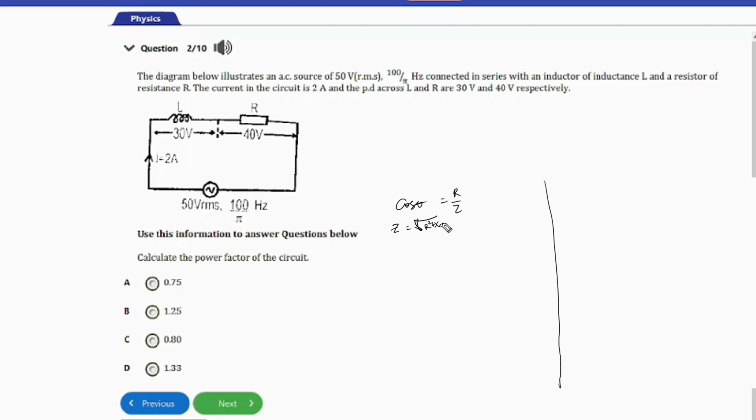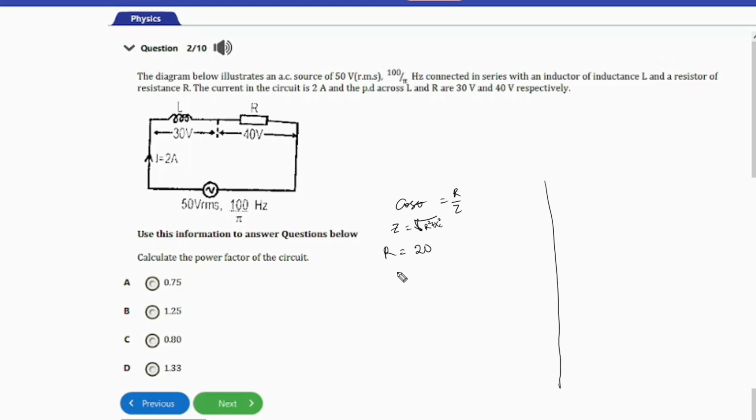But then guys, for R, first of all, we've calculated R to be 20 using the potential difference across the resistance in the circuit and the current here. That's 40 over 2, and that's 20.